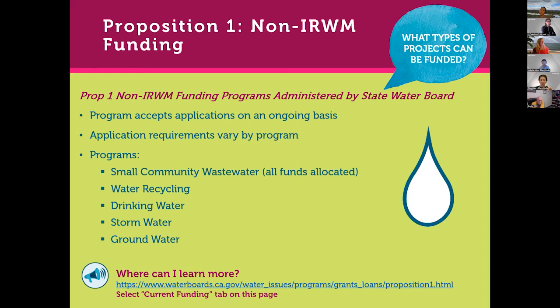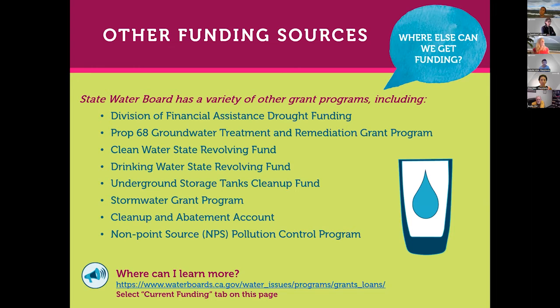And there's a link at the bottom where you can look at this, and this is Prop 1 non-IRWM grant funding. And then on the next slide, there's some more information. There is a lot of money available from the State Water Board. Technical assistance, some of it we've already covered.